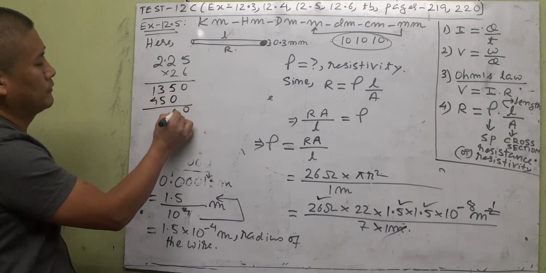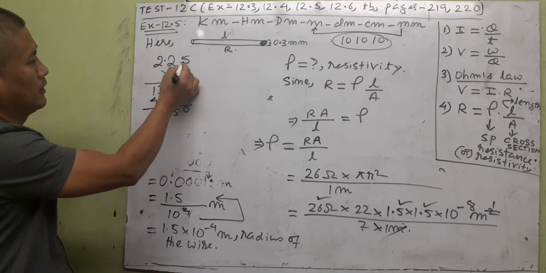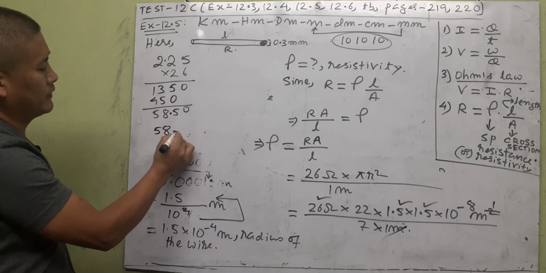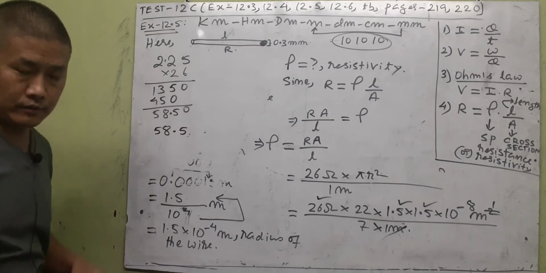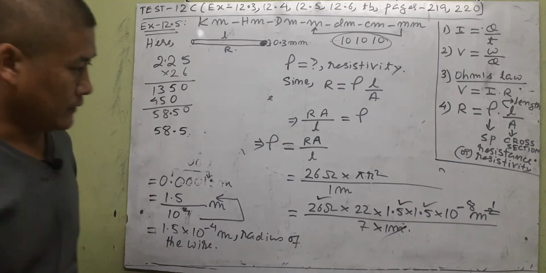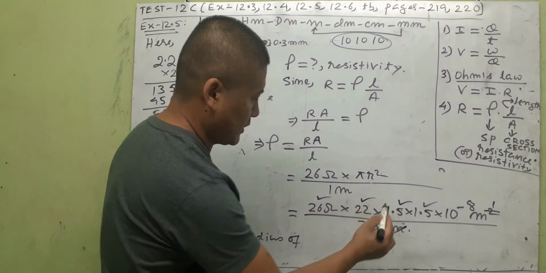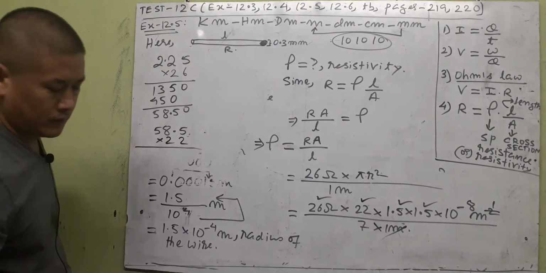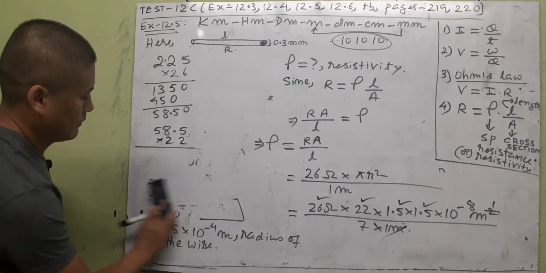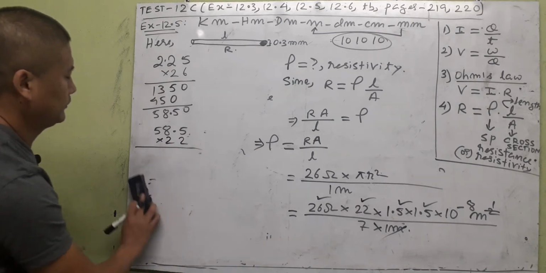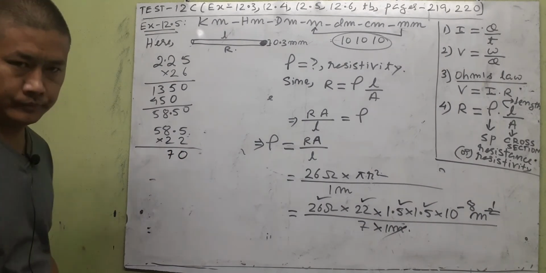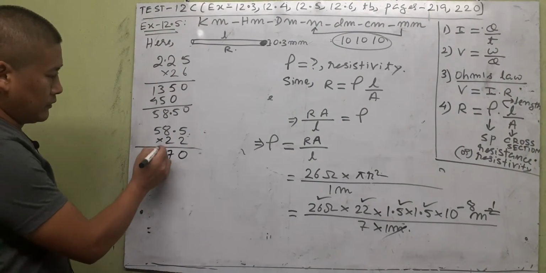So 5850, which is 58.5, and you can neglect the 0. Then multiply by 22: 2 5s are 10, 16, 17, 1 in hand, 2 5s are 10, 11.